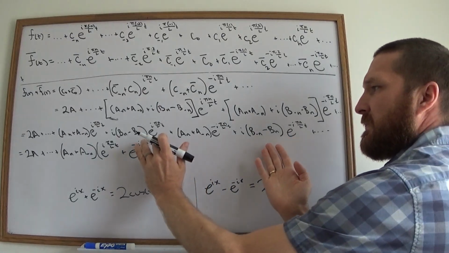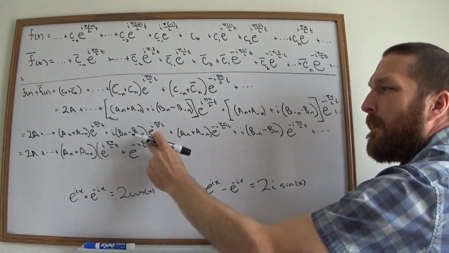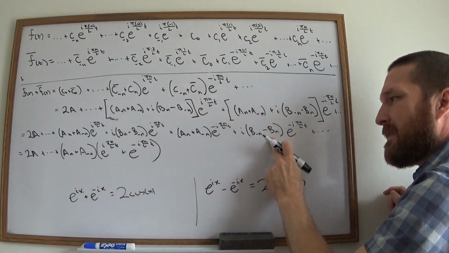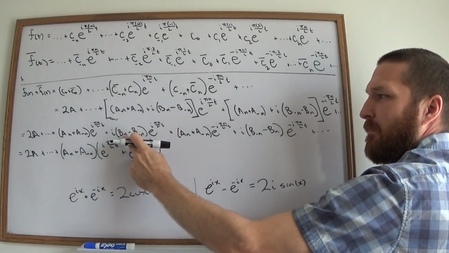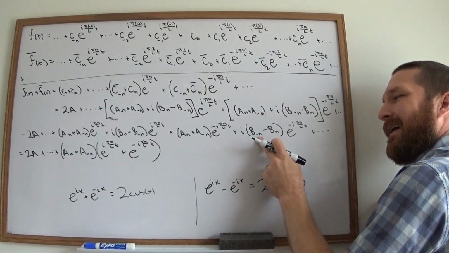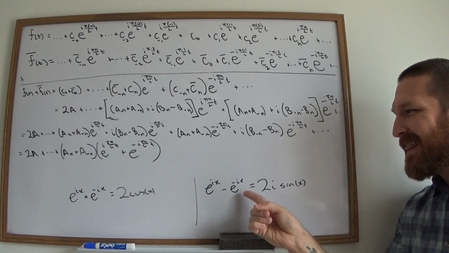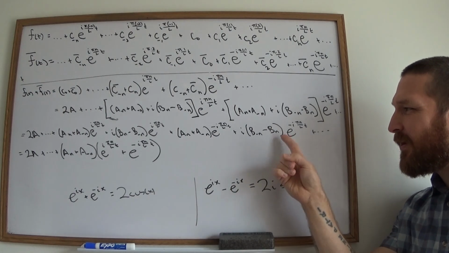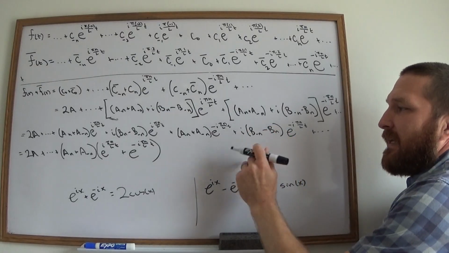Now, these two are together, right? But that's not the same thing as that, is it? Right? This one is b positive n minus b negative n. This one's b negative n minus b positive n. So I'm motivated by looking at this thing here and saying, you know what I'm going to do? I'm going to pull a negative out of this.